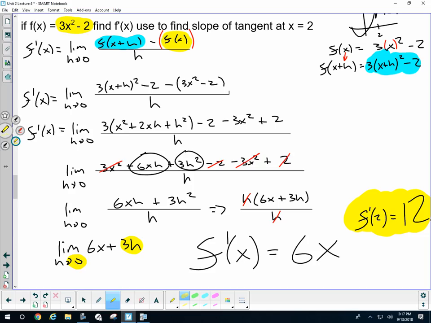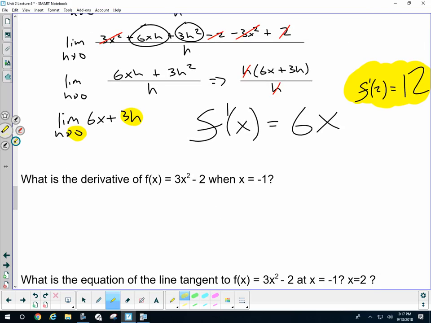Now, what's great about this alternate approach is if I wanted to focus on another point, like x equals -1, what is the derivative of 3x squared minus 2 when x equals -1? I think it's a different number from what you have, so just change it to x equals -1. Yeah, if I had a calculator, I could do f of -1.001 minus f of -0.9999 over, hold on, I'll get there.